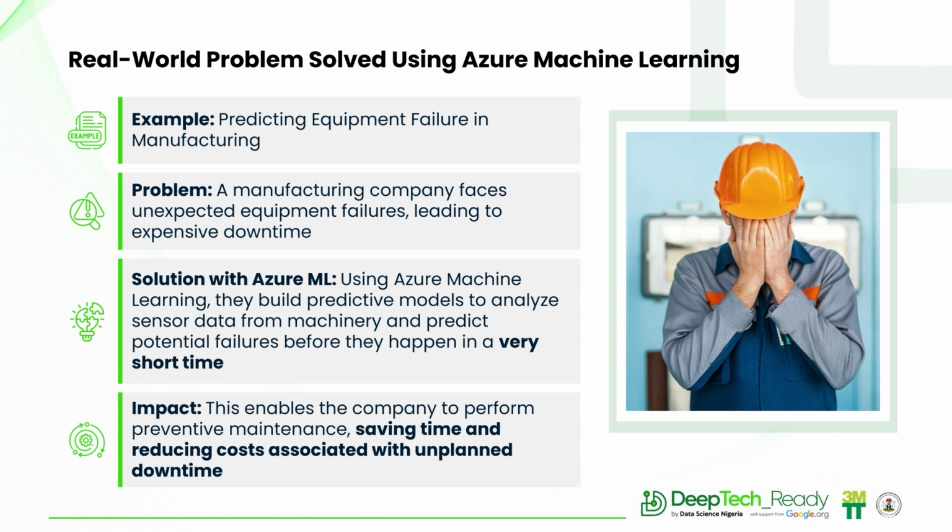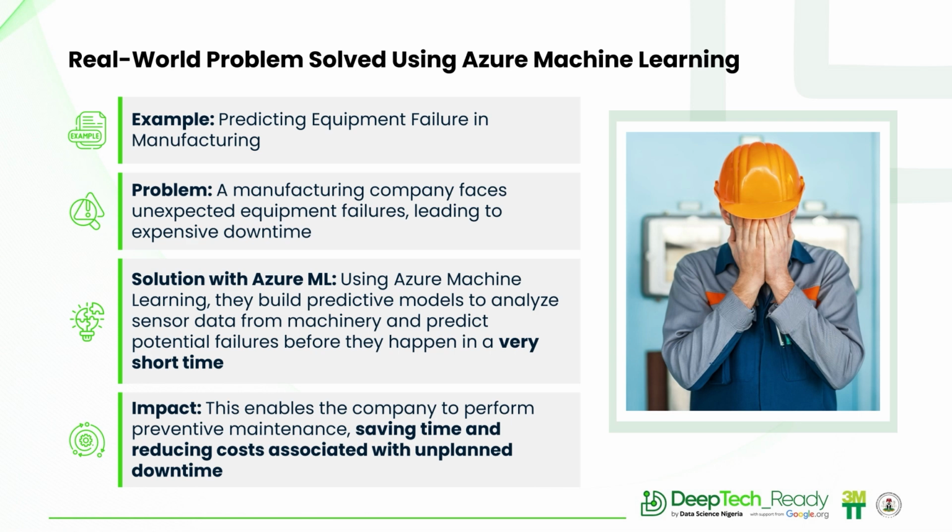Using Azure Machine Learning, they built predictive models to analyze sensor data from the machinery. Is a particular part of the equipment making particular sounds? Is it overheated? They added sensors, and then they analyzed the sensor data. And what happened? They were able to predict the potential failures before they happen in a very, very short time.